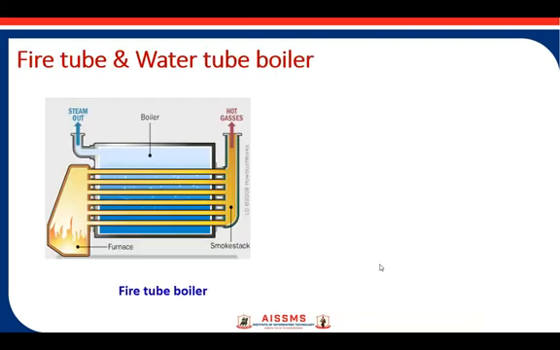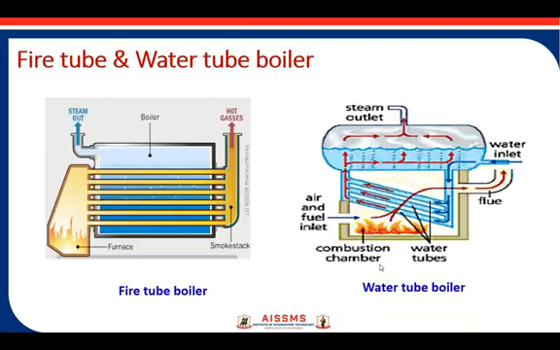First one is the fire tube and water tube boiler. Here we can see the diagram of a fire tube boiler. The furnace is wherein the fuel is used for producing the heat energy.